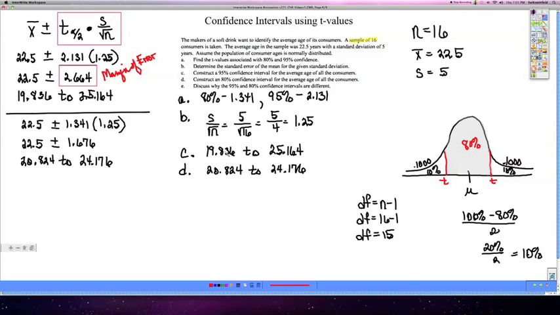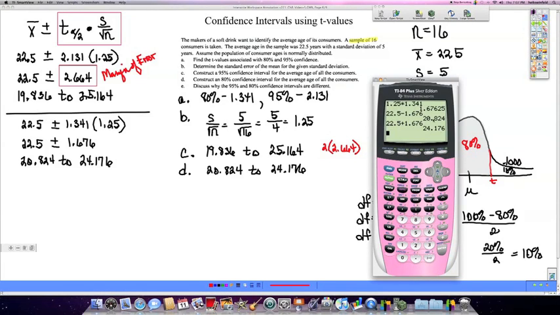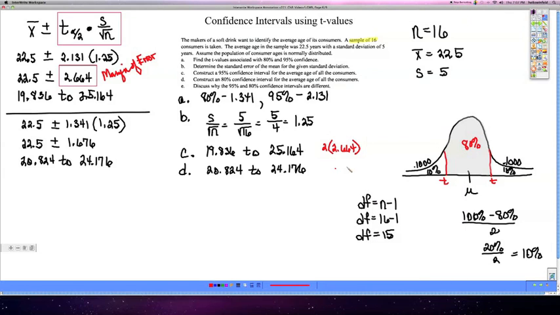So essentially, the difference between the low end of our interval and the high end of our interval is double the 2.664. 2 times 2.664 is a value larger than 5, $5.328.